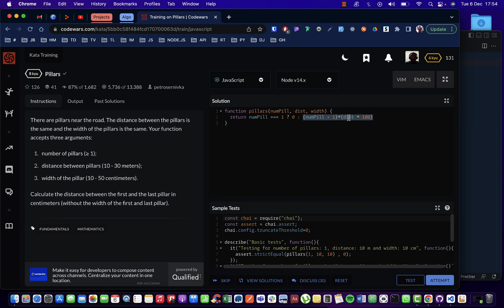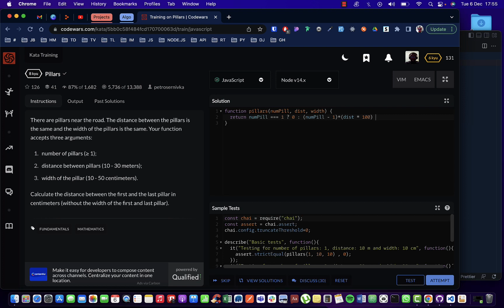That's the total distance. But we've been given another condition, where they said without the width of the first and the last pillar. So we're meant to take away the size or the width of the first and the last pillar. To do that, we are going to find a way to take away the width of the pillars that we are going to be considering.